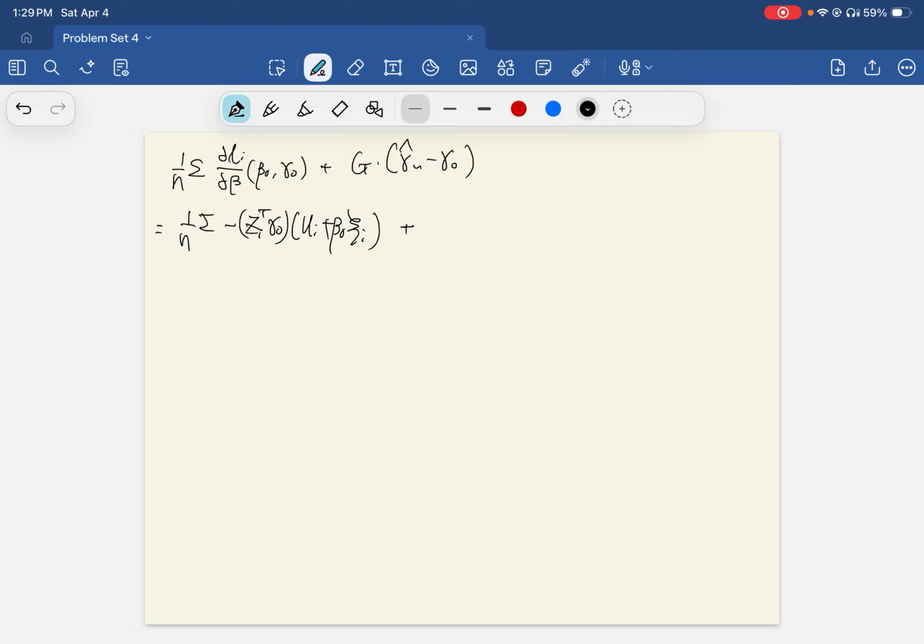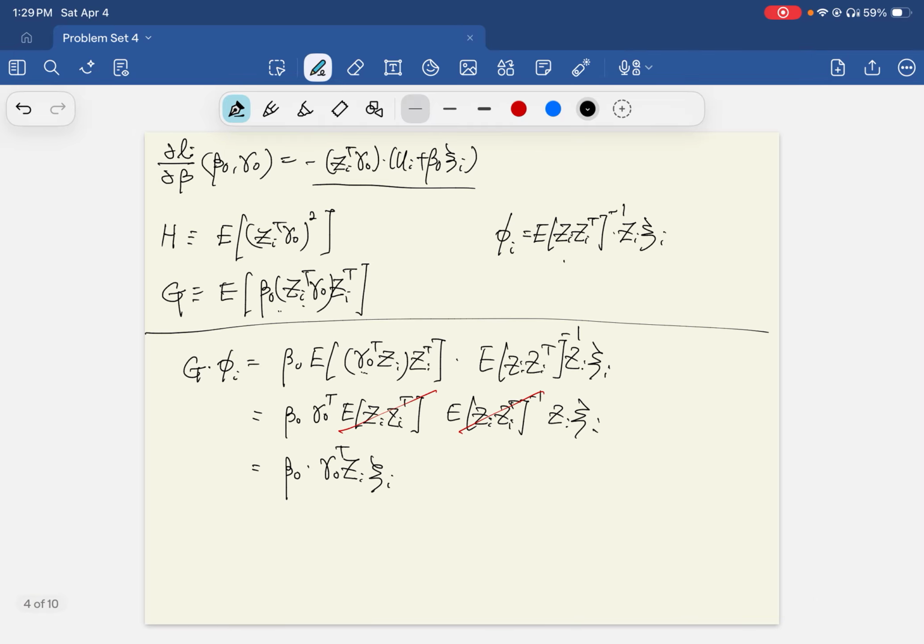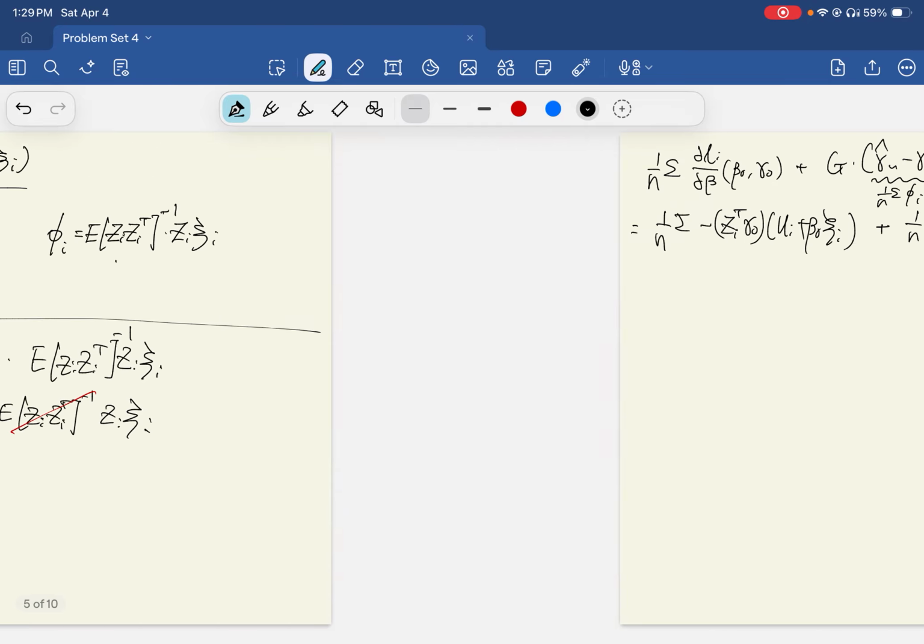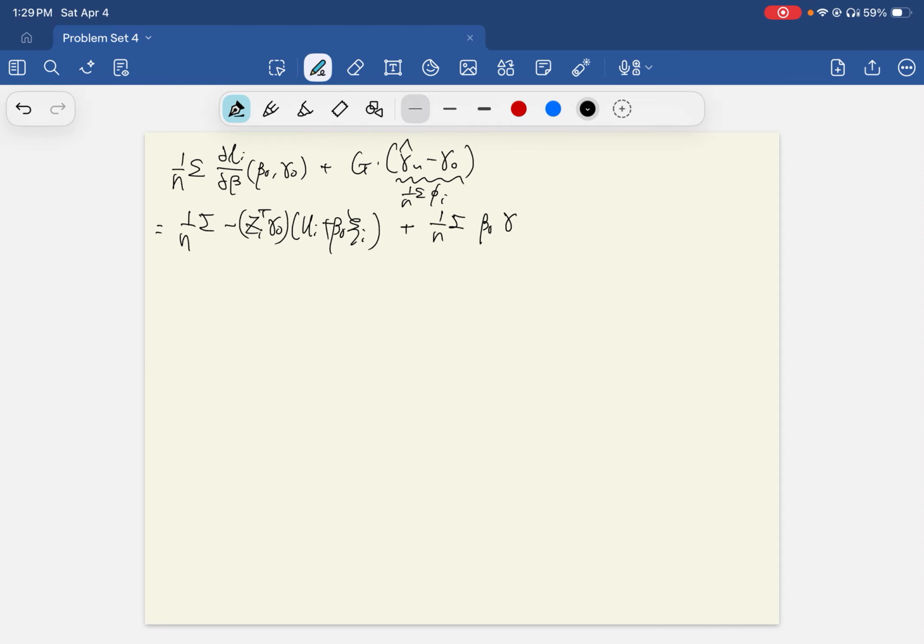And the second term, here we know this is sample mean of phi I, and we just calculated g times phi I here. Okay, beta 0 gamma 0 transpose z I psi I, right? And you know it is anyhow scalar, so it equals to beta 0. You may change the order, does not matter in here because scalar transpose is scalar.